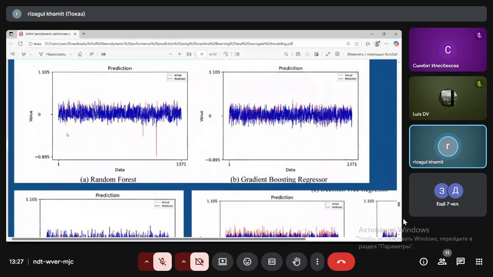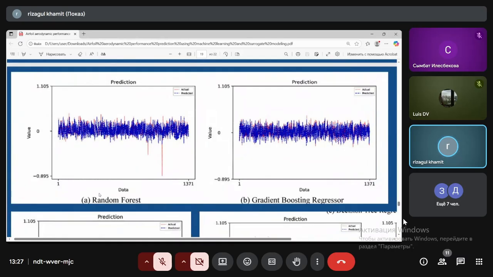We can start from the first graph. The first graph is a random forest. Here, the x-axis is a serial number of the observation or sample from the data set, from 1 to 1371. The y-axis is the predicted value normalized between approximately minus 0.895 and 1.105. Blue lines are values predicted by the model.